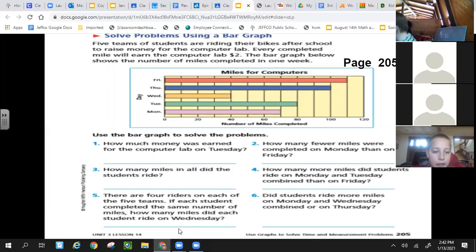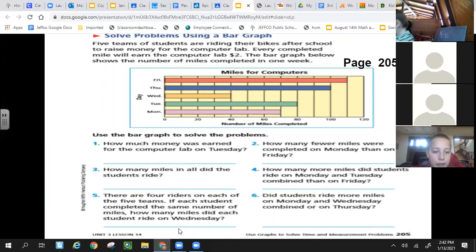Wow, so every time they complete a mile, the school will get $2 for their computer lab. So I'm retelling this to you. That was part of my problem-solving strategy. I want to make sure I understand what's happening. So I'm going to tell you a little more in my head. I hear that they're raising money, so I'm thinking of a fundraiser.